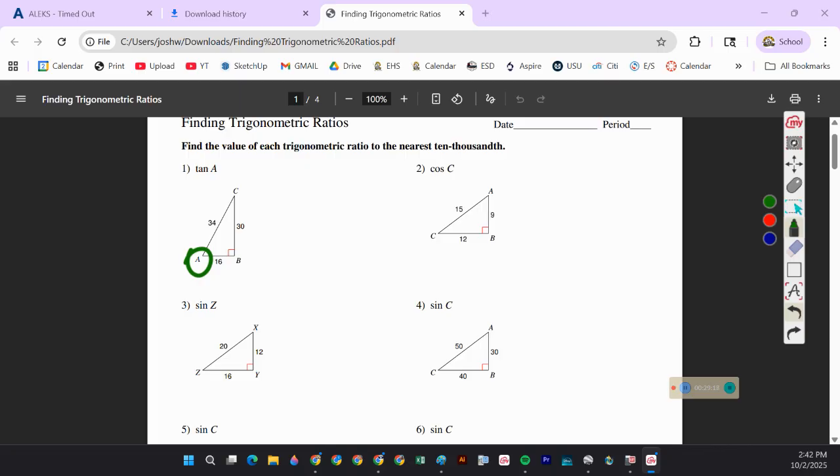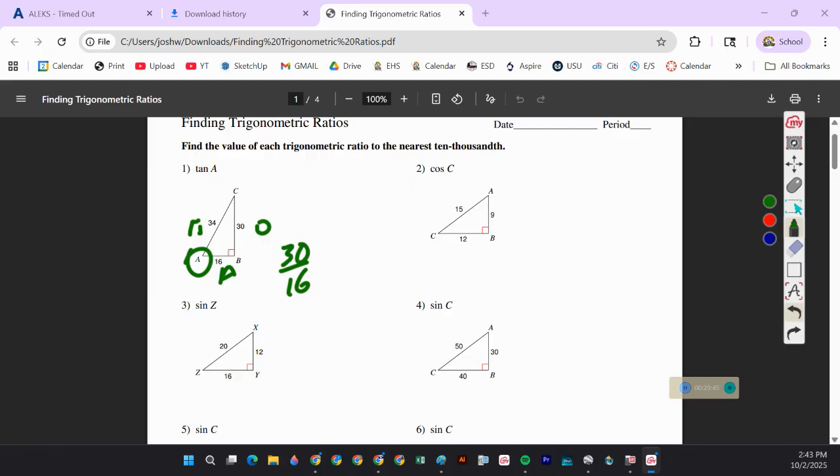The O and A. Adjacent means touches next to, and opposite means doesn't touch. So this is 16, opposite, and this is adjacent, because this one is H. So 30 over 16, and then you just turn that into a decimal. This is so easy. It is pretty easy.